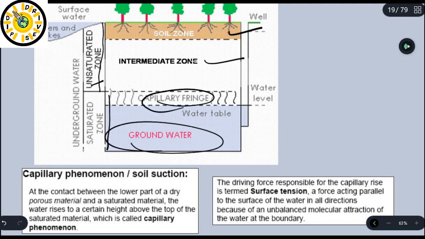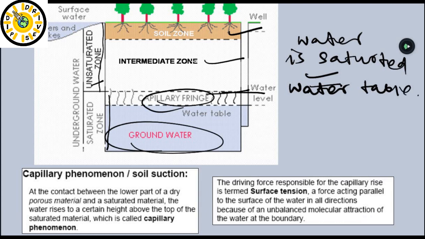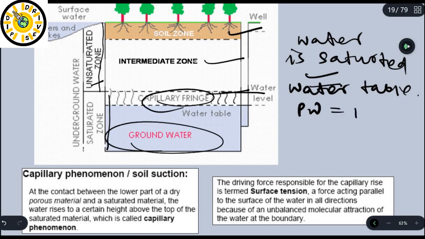In the saturated zone, actually, there is a capillary fringe. In this capillary fringe also the water is completely saturated. Look, this is the water table. At the water table, the pressure of the water will be approximately equal to atmospheric pressure up to this level.